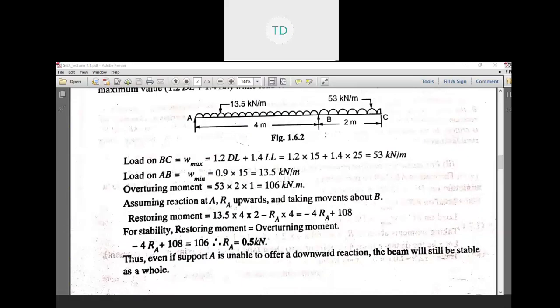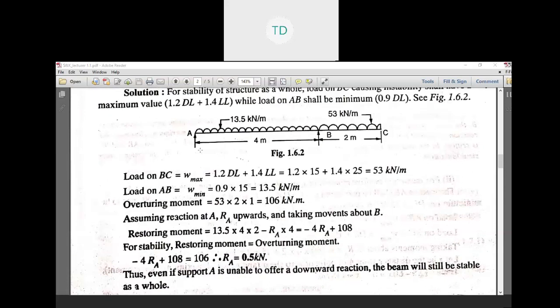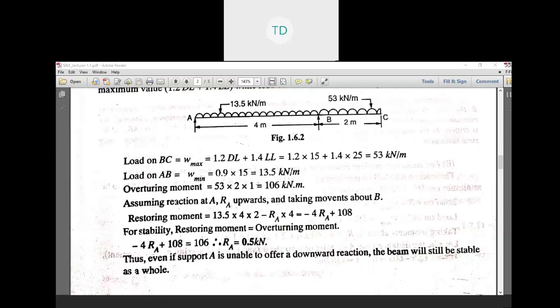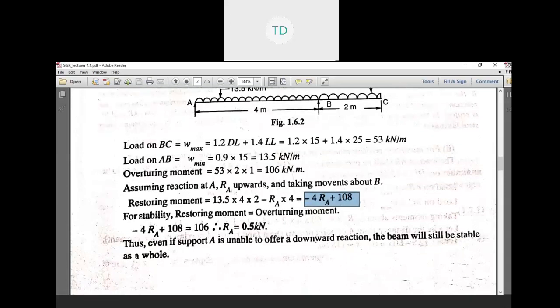Assuming reaction at A, RA upward, and taking moment about B. In mechanics of solids, we always take moment about B and we consider the same. As from the figure, first 30.5 into 4 into 2 minus RA into 4. We get the result: minus 4RA plus 108.